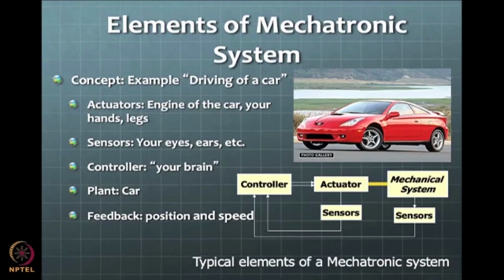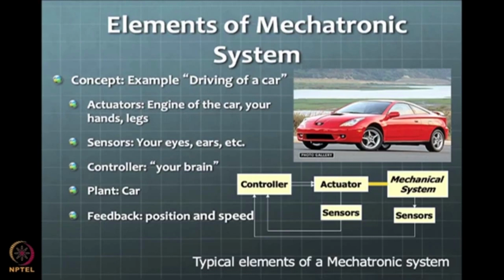Then sensors are your eyes and ears. Then what do you do? Suppose you are driving a car and some curve comes. Then you naturally tend to steer the car in the appropriate direction to keep your lane. So you are sensing your position using sensors like your eyes, and then you are taking a decision in your head.